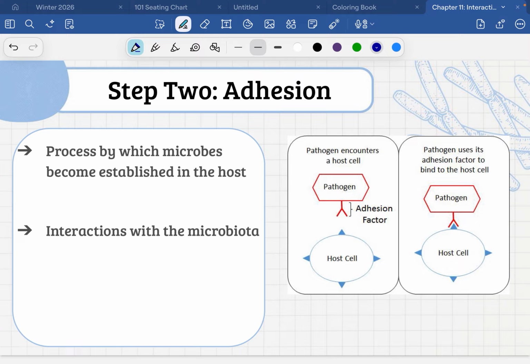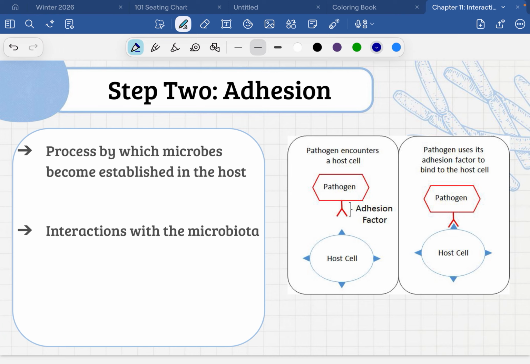And the pathogen that is trying to cause disease has to have a way of dealing with those different problems. It has to have a way of getting past the microbiota. It has to have a way to physically grab on to the tissue that it wants to infect.